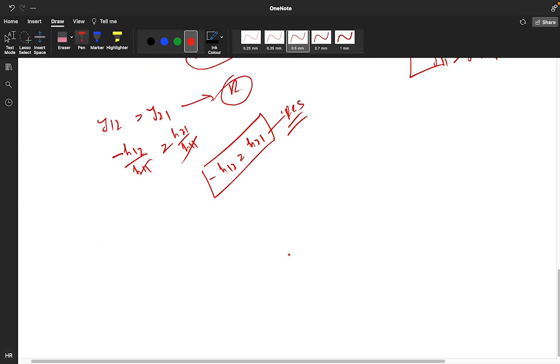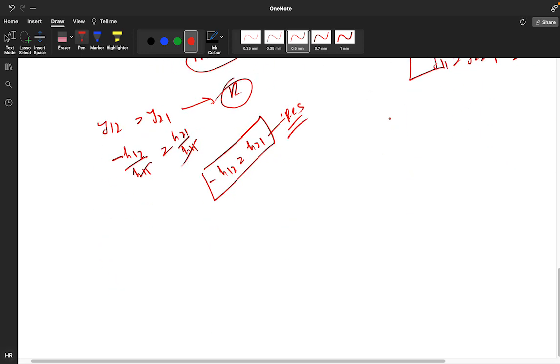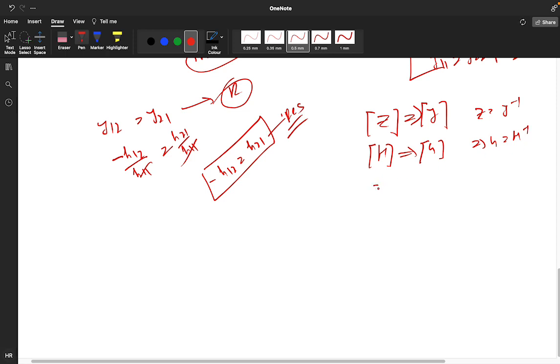So what we had studied: we already know the conversion of z to y is just an inverse. We already know the conversion from h to g. Z is nothing but y inverse, g is nothing but h inverse, and we had studied the conversion of z to t, and also the conversion between h and y.